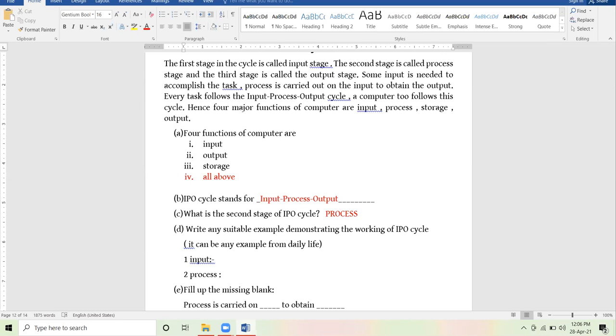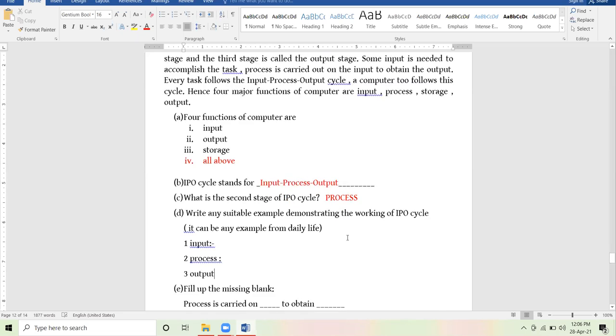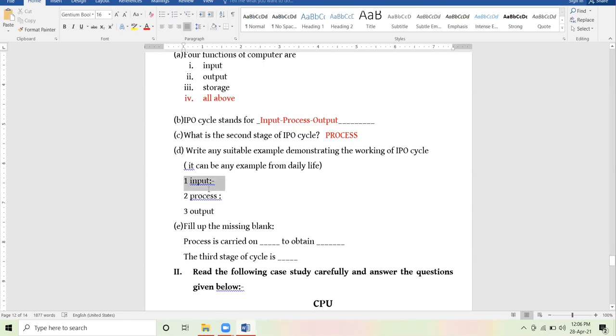Third, output. In these three categories you have to explain the example, but don't explain in essay form. Be very short. Don't write big paragraphs. Keep your answer brief. But these three headings are a must.